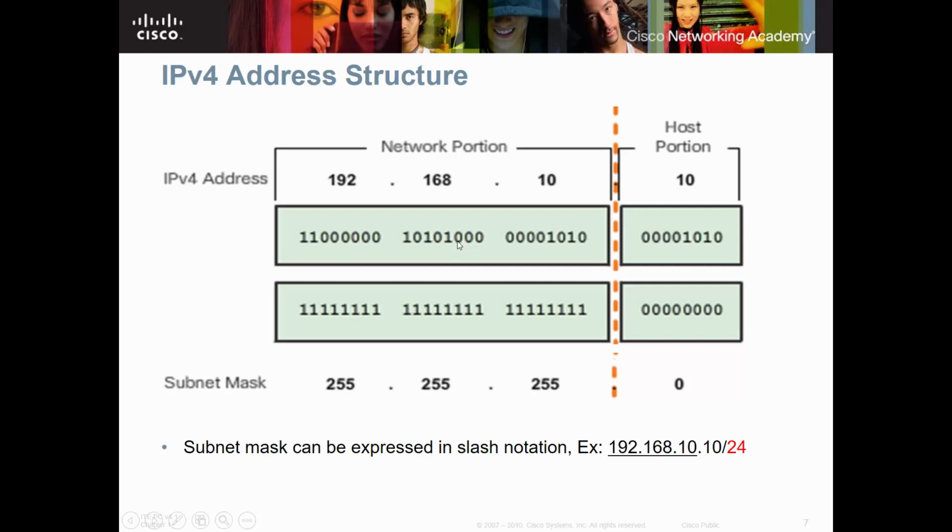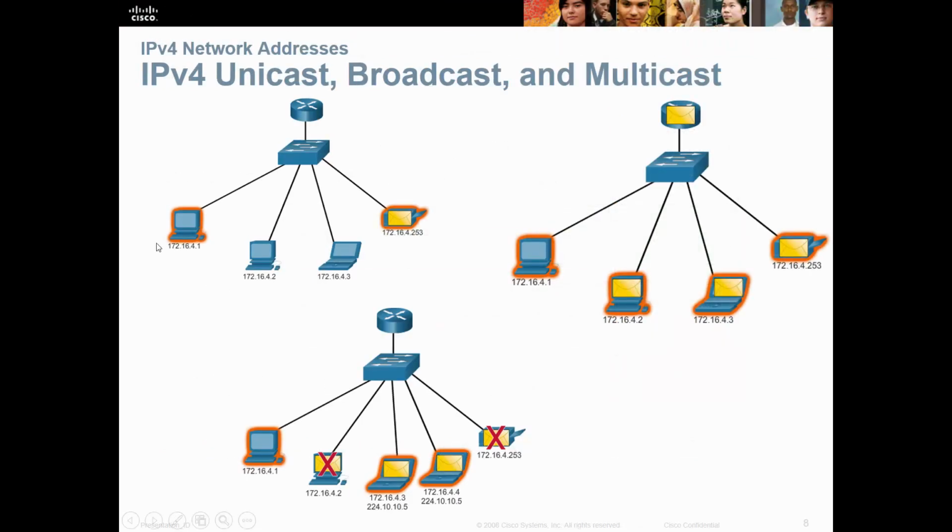Now, an IPv4 address comes in 3 different types. You have what's called a unicast, broadcast, and multicast. A unicast IP address is an address that is used by a device to reach a single end device.